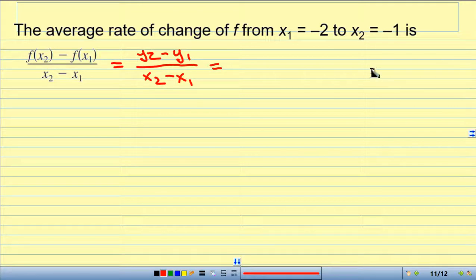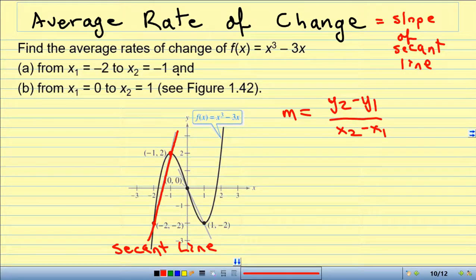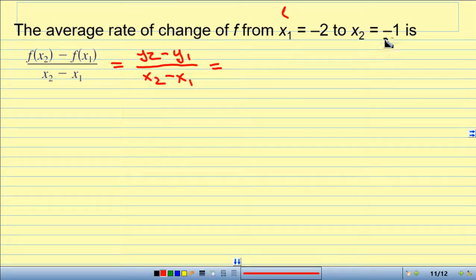So I know from this graph here that my points were negative 2, negative 2, and negative 1, 2. So this is x1, y1, x2, y2.